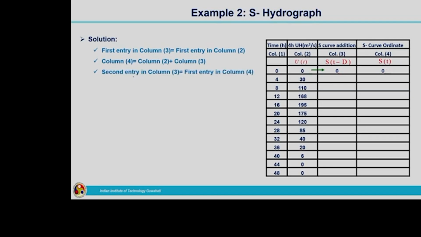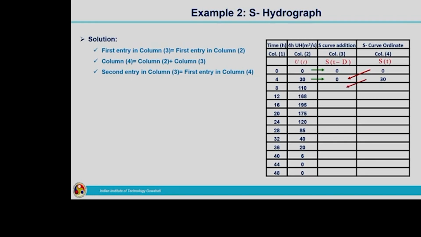Now coming to the second entry in column 3, that is the first entry in column 4. The second entry in column 3 is the same as the first entry in column 4. Here we have 0 and the same thing is written over here in column 3. Now we will be summing up the ordinates of unit hydrograph and S curve addition. It will give us the S curve ordinate.